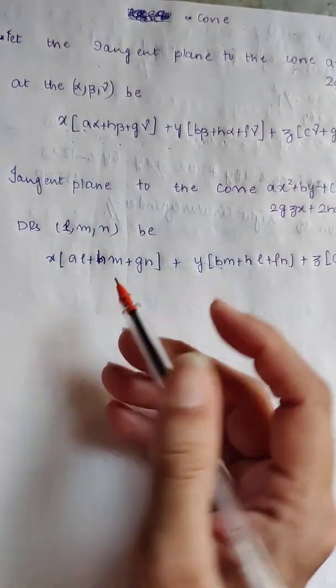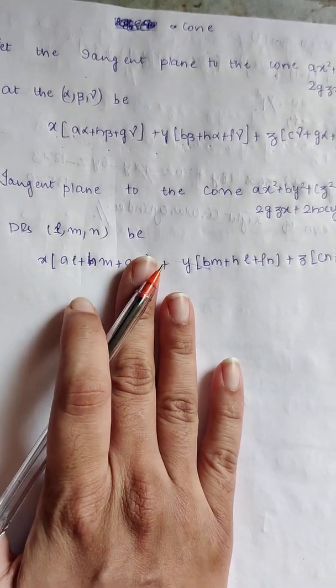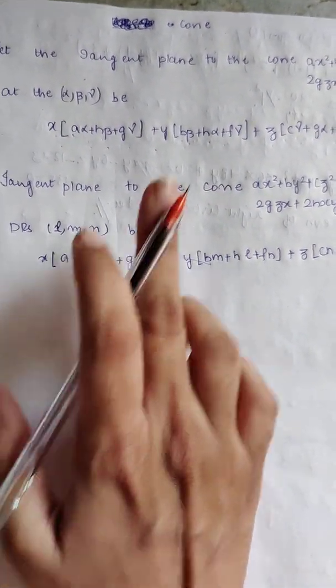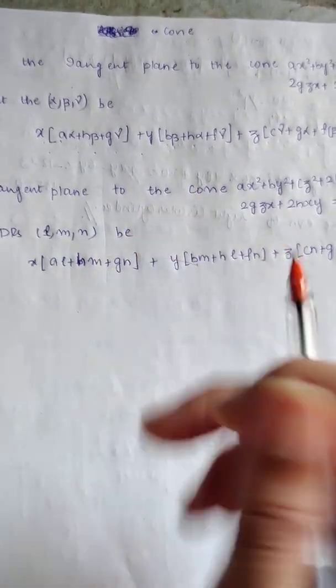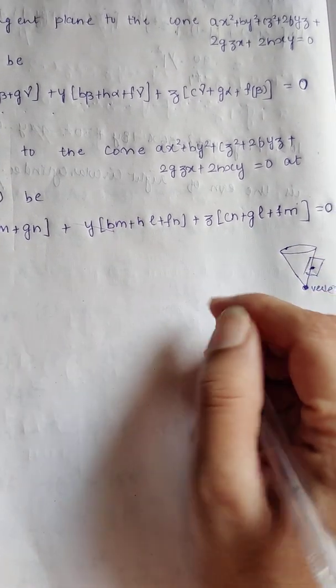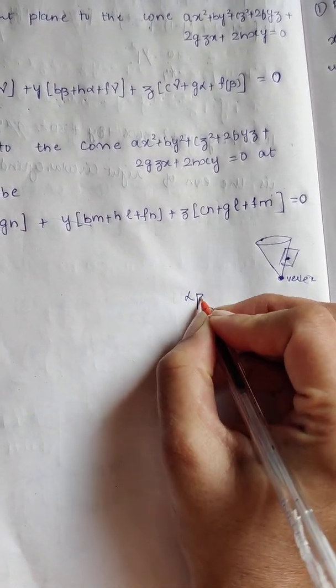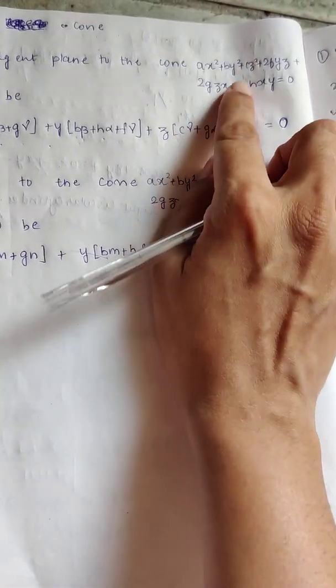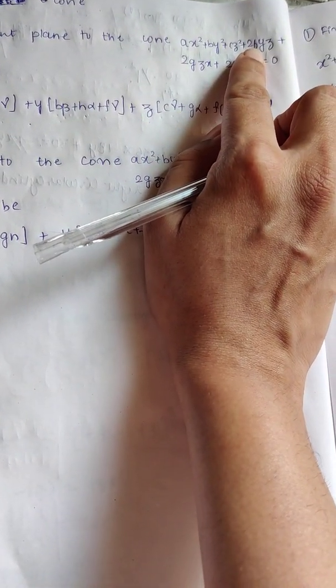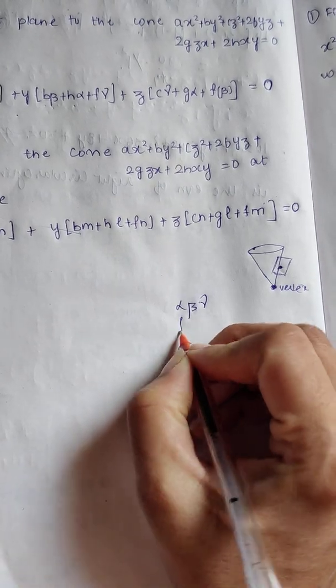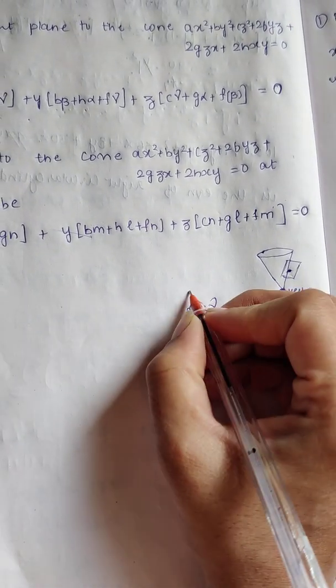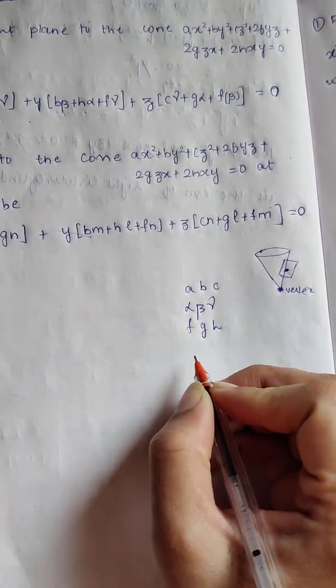But how will you remember this? So remember that, girls, we have a few important things to remember. We have a point of contact as alpha, beta, gamma, and the new terms in your cone are F, G, H, and then you keep A, B, C on the top.